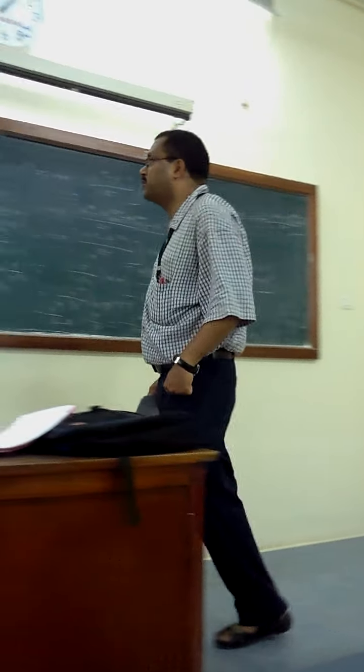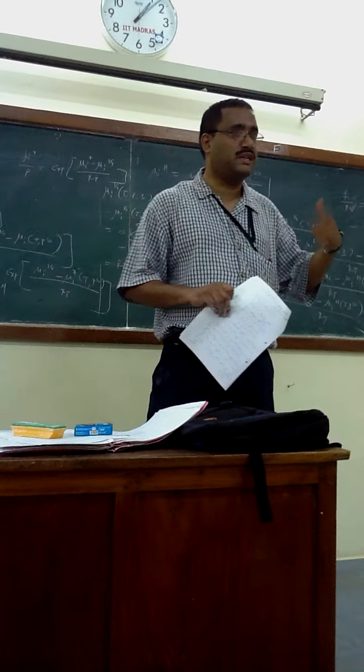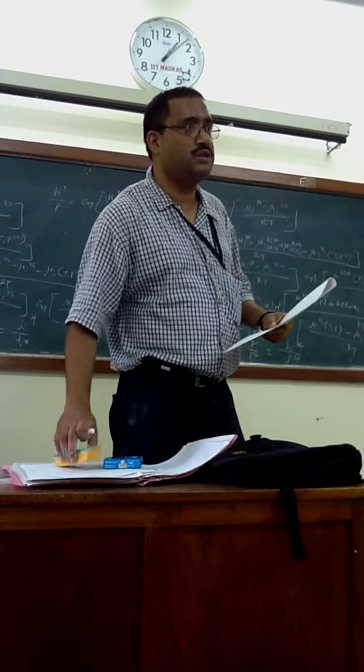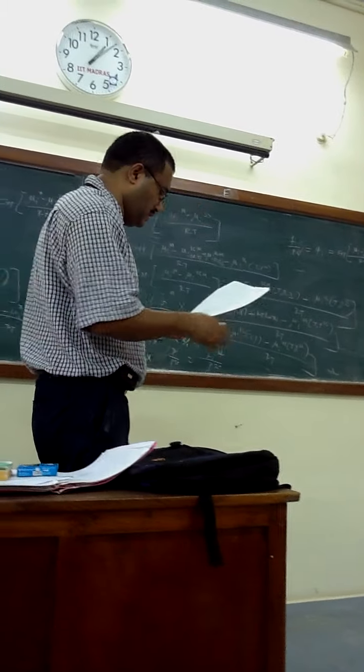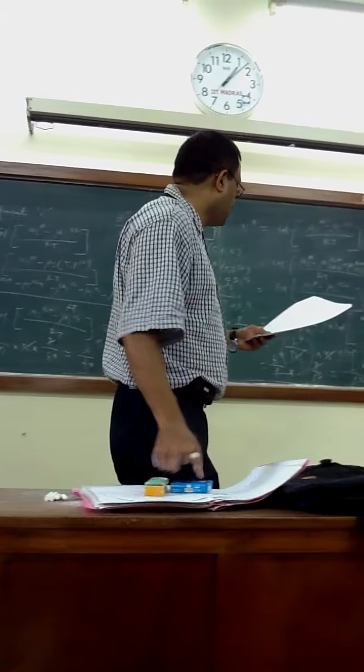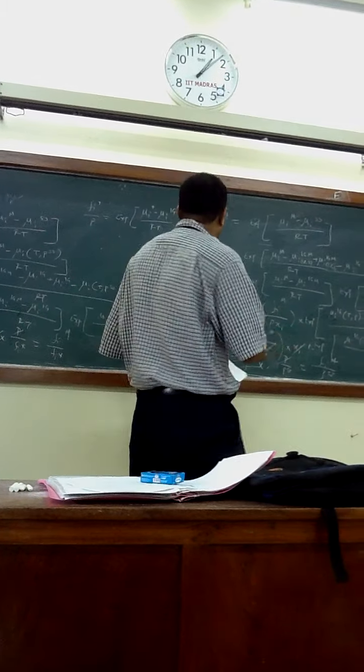Now we go back to our equilibrium constant based on activity model, ln K, which is minus RT summation mu gamma.